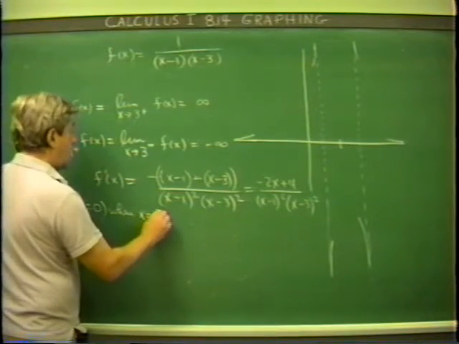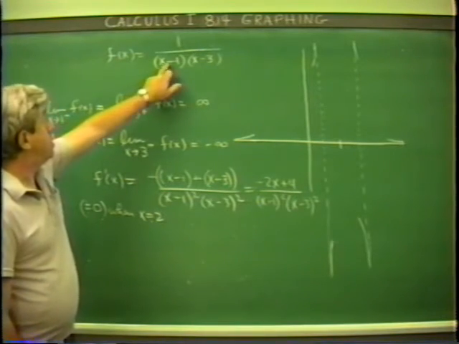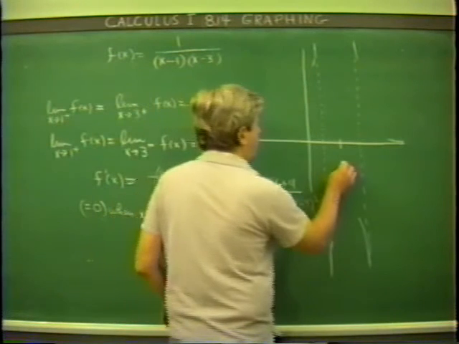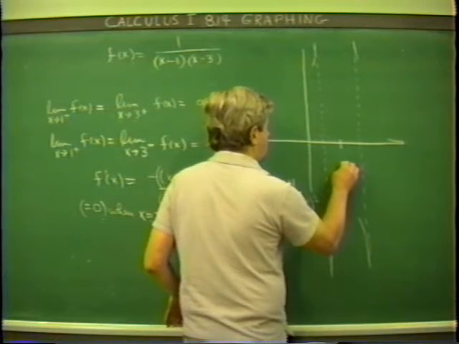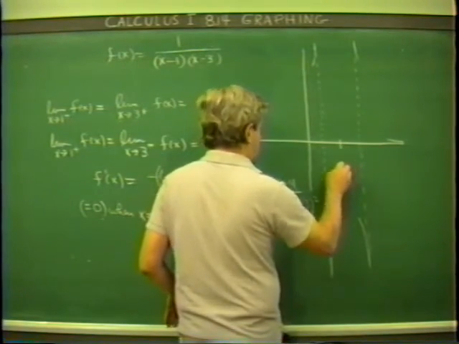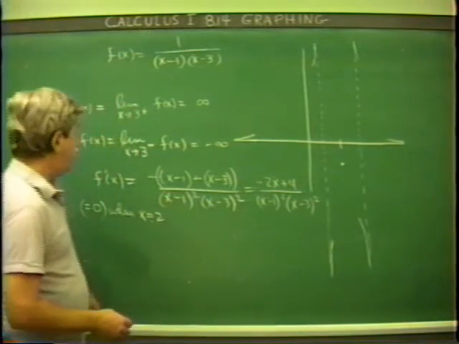And that's equal to 0 when x is 2. And that's the only place where it's equal to 0. Let's look at the function at 2. This is 1 and minus 1, so the function at 2 is minus 1, and looks like this.